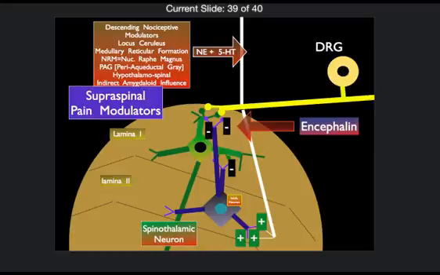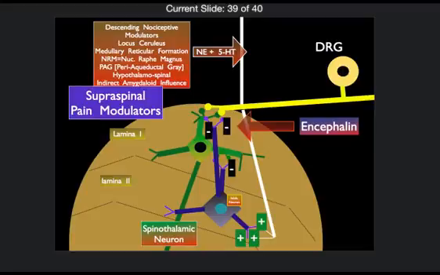And that goes to lamina 1, which is one of the origins of the spinothalamic neuron, 1 and 5. And that is the matrix, lamina 1 and lamina 5, to have pain, and you have an intraspinal gating system.